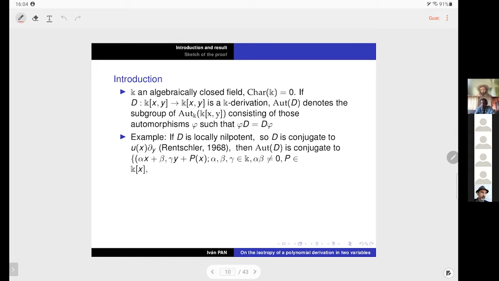And then, if you take two derivations which are conjugated with respect to an automorphism of the polynomial ring, then their isotropies are conjugated too.